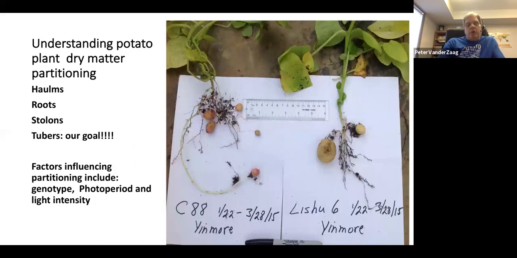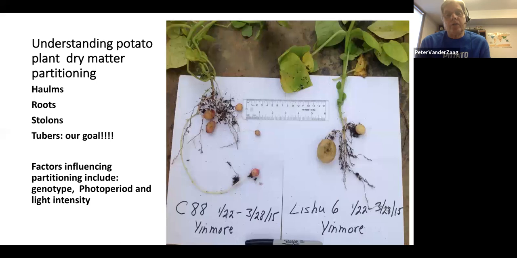So the first point I want to share with you is about the potato plant. The potato plant has basically four components: foliar growth, or the haulms. It has roots. Then it produces stolons, which are actually underground stems. And we want to produce tubers, which is our goal.